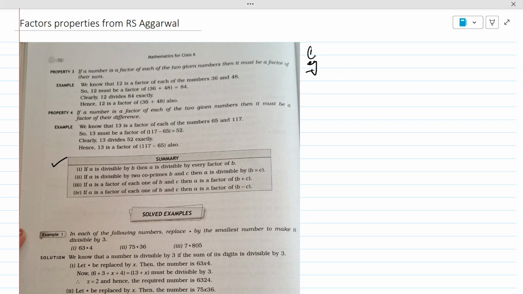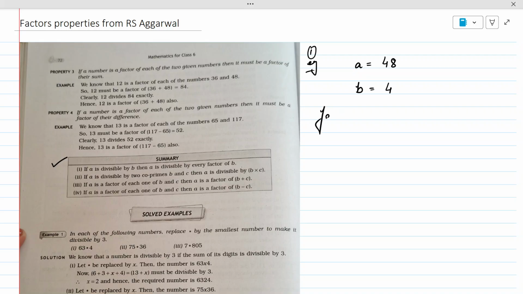Let us take the number 48, and this 48 is divisible by a number B. Here I am taking a number which divides 48 completely. Let's take 4. We know that 4 completely divides 48.